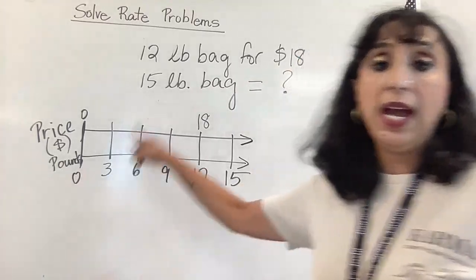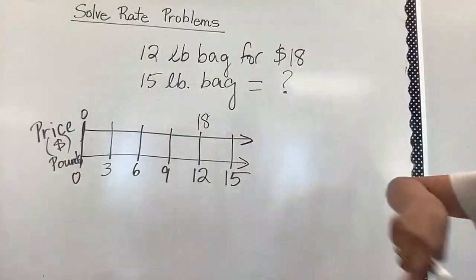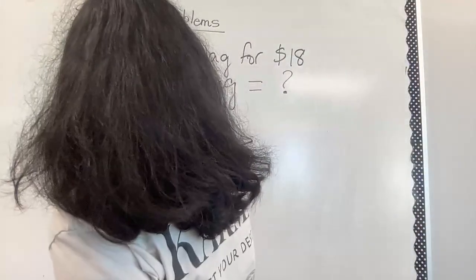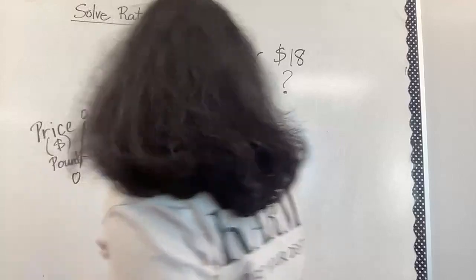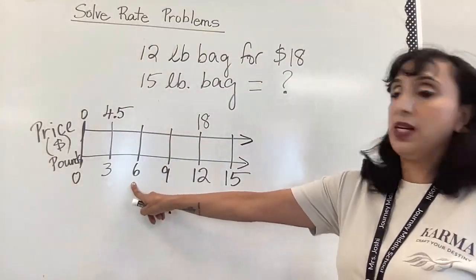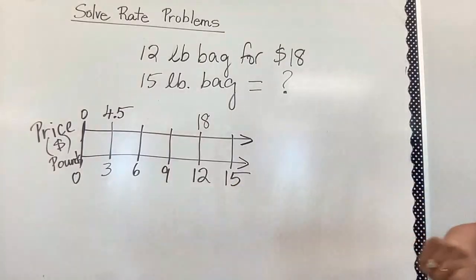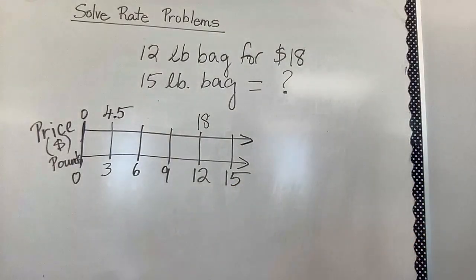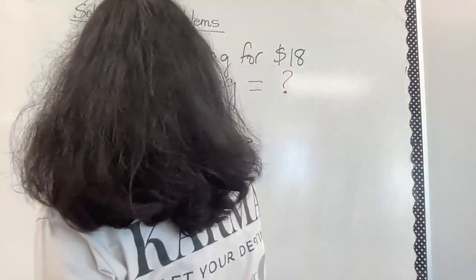So same thing, 18 I'm going to divide by 4, and I'm going to end up with 4 and 5/10 over here. 12 divided by 2 gives me 6. Then I'm going to do the same thing on the top. I'm going to divide 18 by 2, and I'm going to get 9.